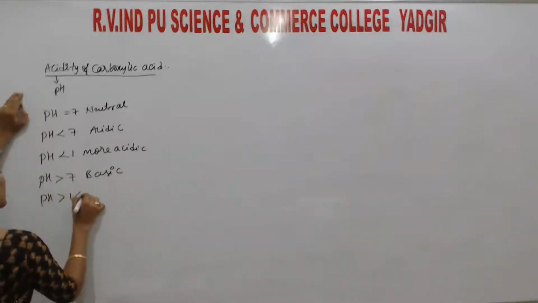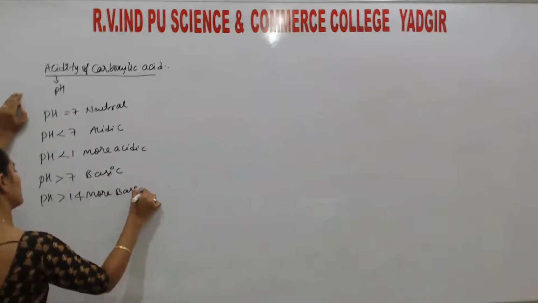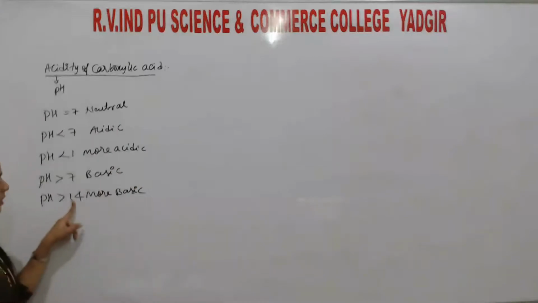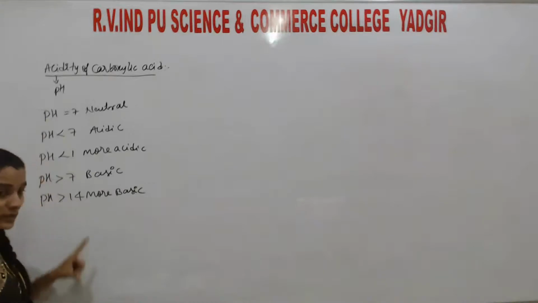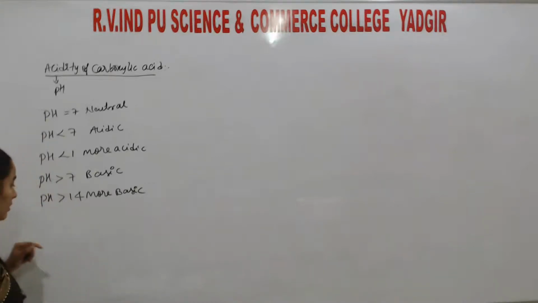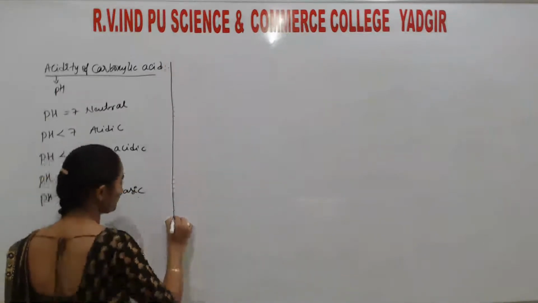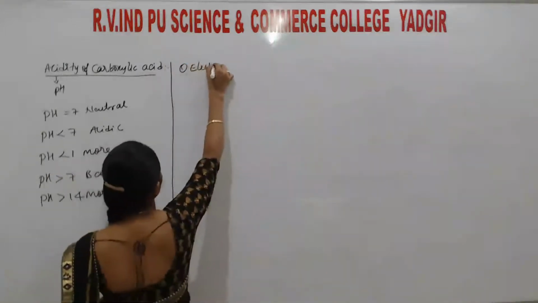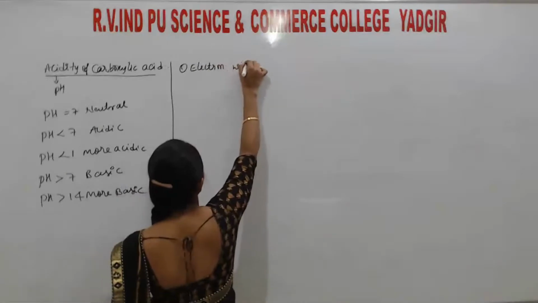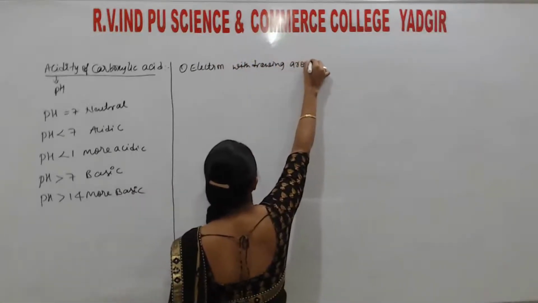If pH is greater than 14, more basic. Okay? So this is the pH range. So what happens to this pH range when an electron withdrawing group is there and an electron releasing group is there? So I'll consider electron withdrawing groups.